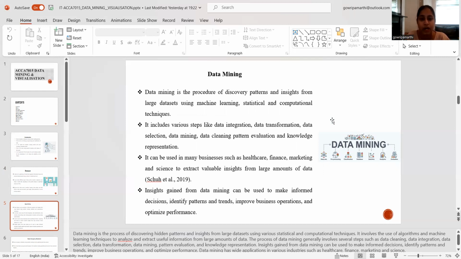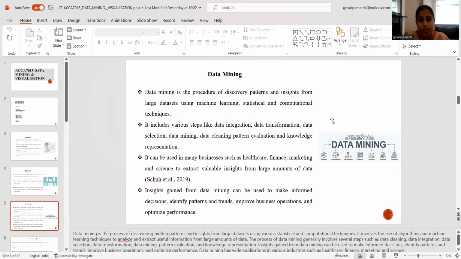This process will discover new patterns using the statistical and computational techniques we have taken, and it also includes various steps like data integration, transformation, selection, data cleaning, pattern evaluation and knowledge representation. We may use the integration and transformation techniques for the evaluation of knowledge. It can be used in many businesses.